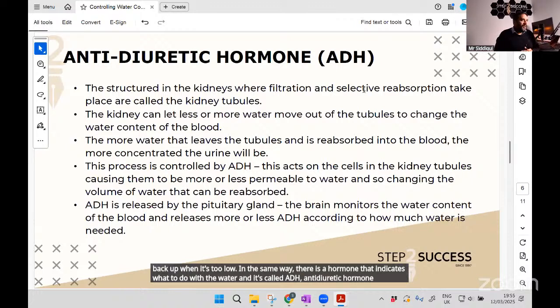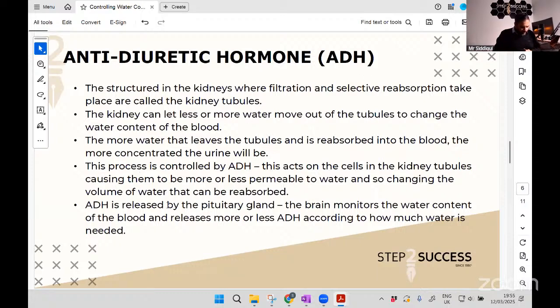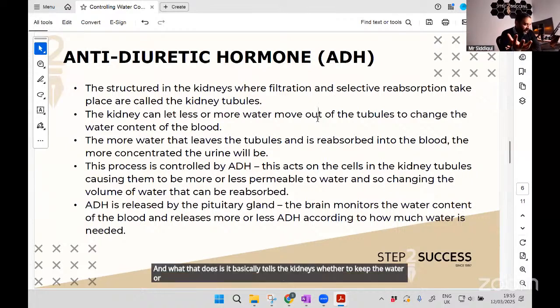It is the hormone that is released by the pituitary gland. Does it say somewhere? Yeah, it does. The pituitary gland. And what that does is it basically tells the kidneys whether to keep the water or to let it go to the urine. That's what it does.